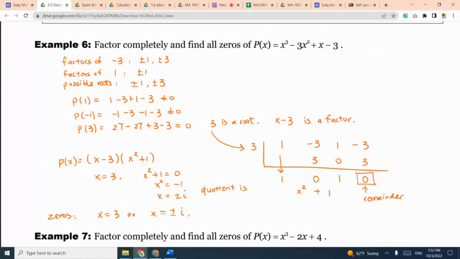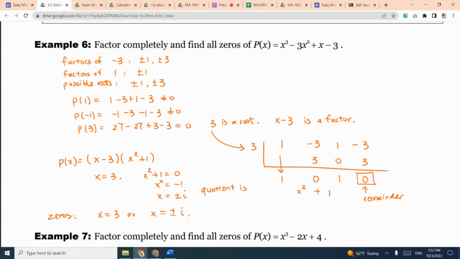And then for each number in the list, you plug it into the polynomial and see whether that equals 0. You plug in 1, it's non-zero. You plug in minus 1, it's non-zero. And you plug in 3. Do you see it is a 0? Then you can use synthetic division. And this guy, see, this is the remainder. It's always 0. This is the constant term.